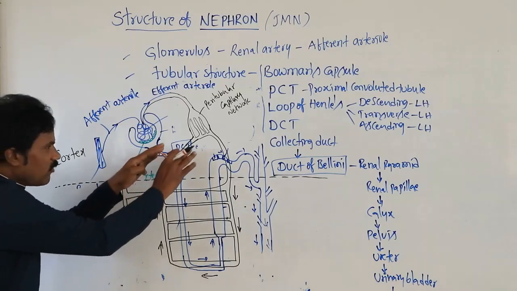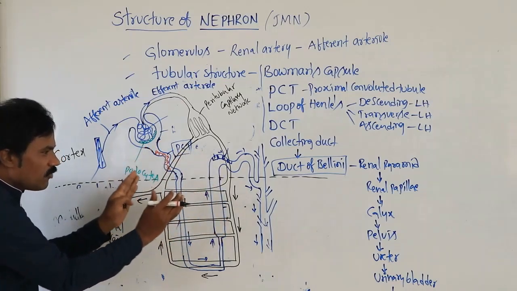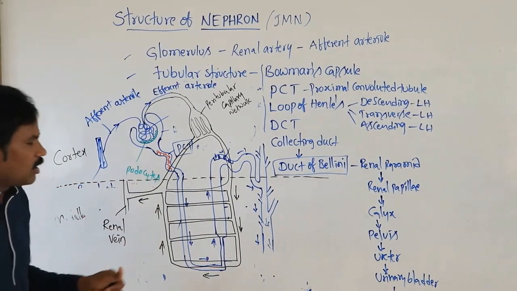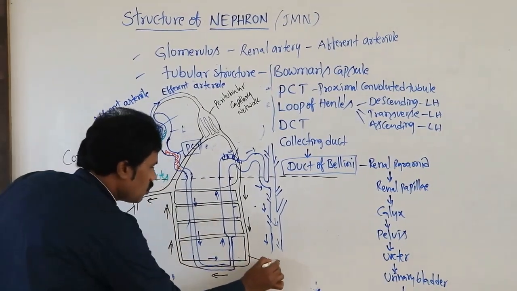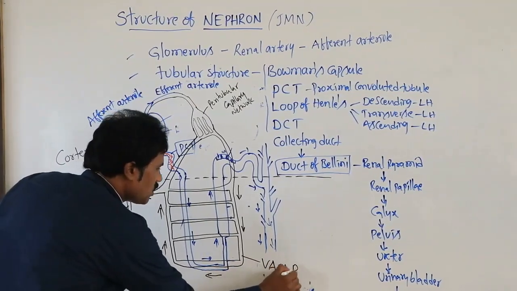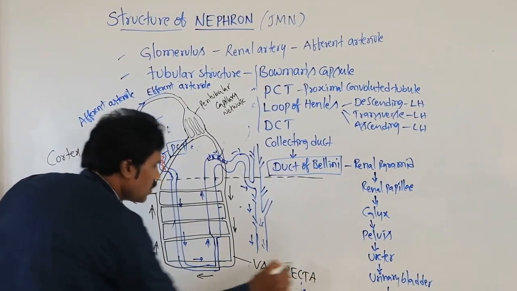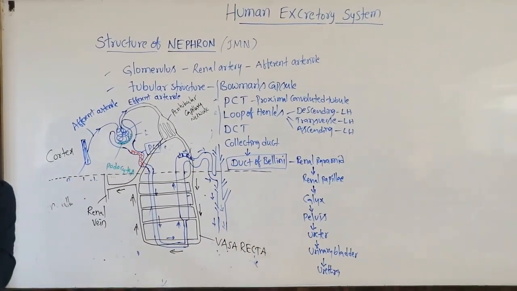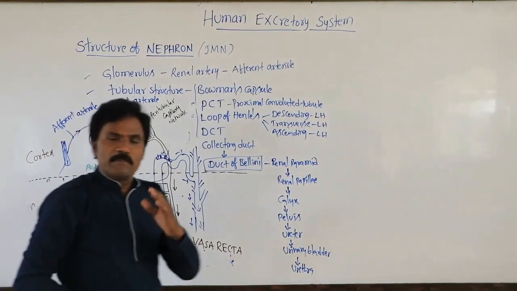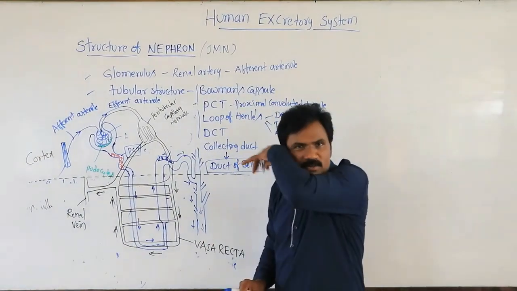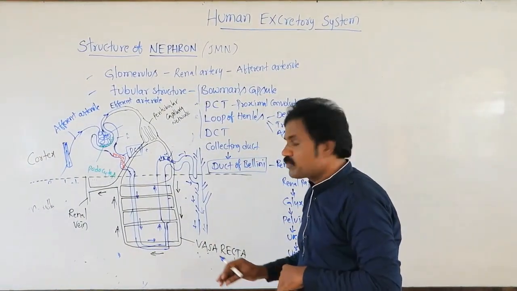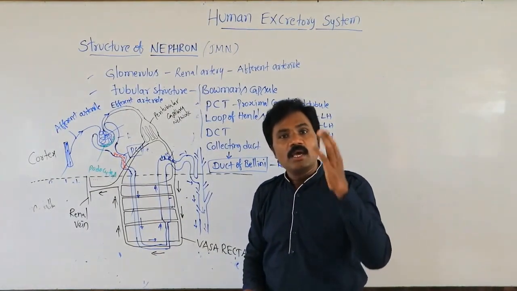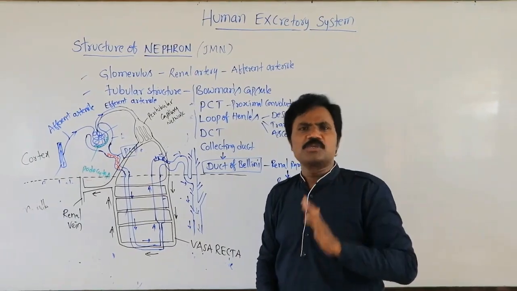So the blood vessel which covers the loop of Henle, we call vasa recta. How is vasa recta formed? Vasa recta is present only in juxtamedullary nephrons. It is completely absent in cortical nephrons. That is most important.